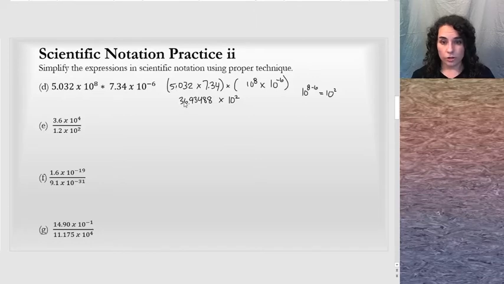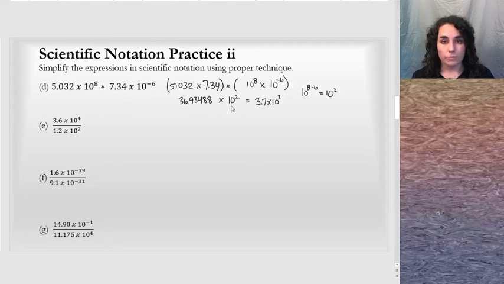So I need to convert the beginning number here. I have 36 point something, and we want to convert that to something between 1 and 10. And so I move it over a decimal that way, which means I'm gaining a power of 10. So overall, this will equal, I'm going to round it off, 3.7 times 10 to the 3rd power.